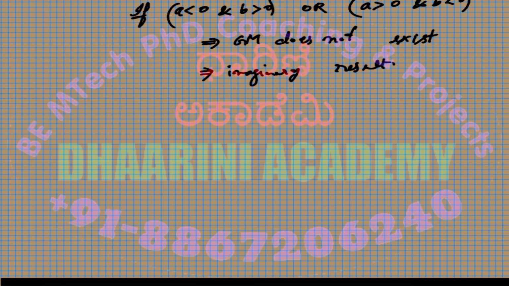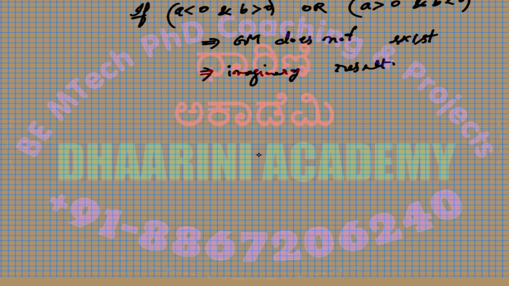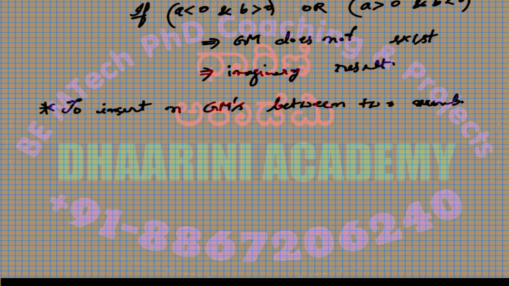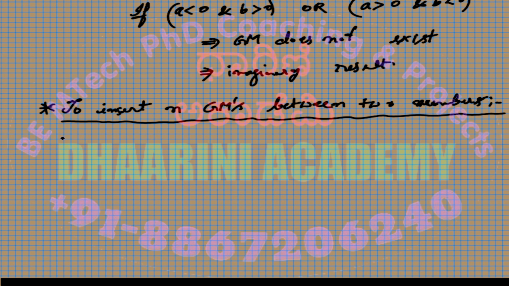Right, let's move further to the concept where we want to insert n geometric means between two numbers. So this is to insert n GMs between any two numbers. All right. So let us assume that a and b are the two numbers.